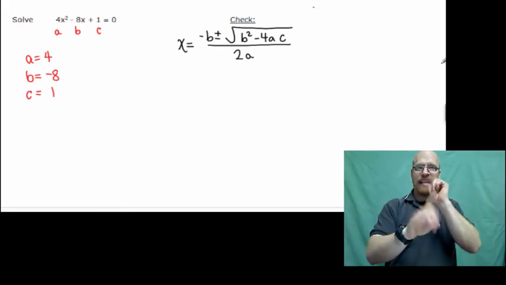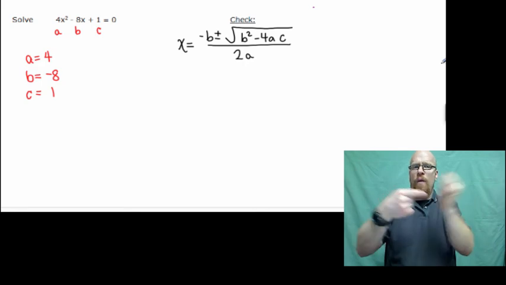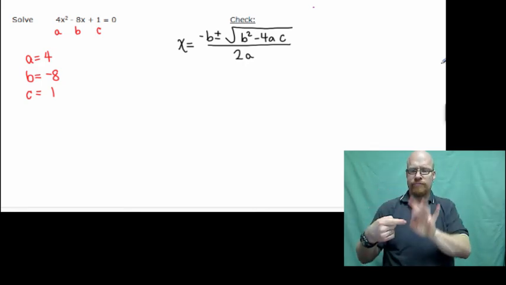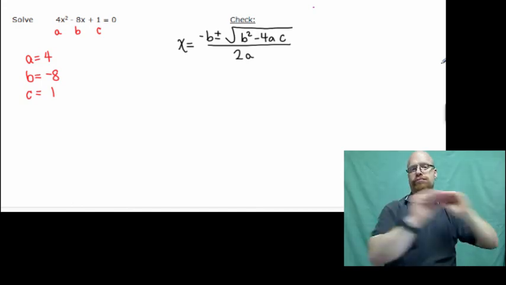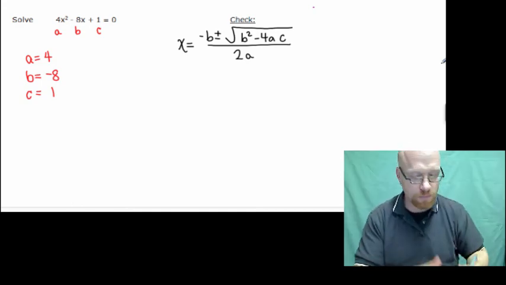Okay, now you'll see b isn't just 8, it's negative 8, because in our equation we have negative 8x. We have to keep our signs carefully. Now I'll do my parentheses and fill in the numbers.